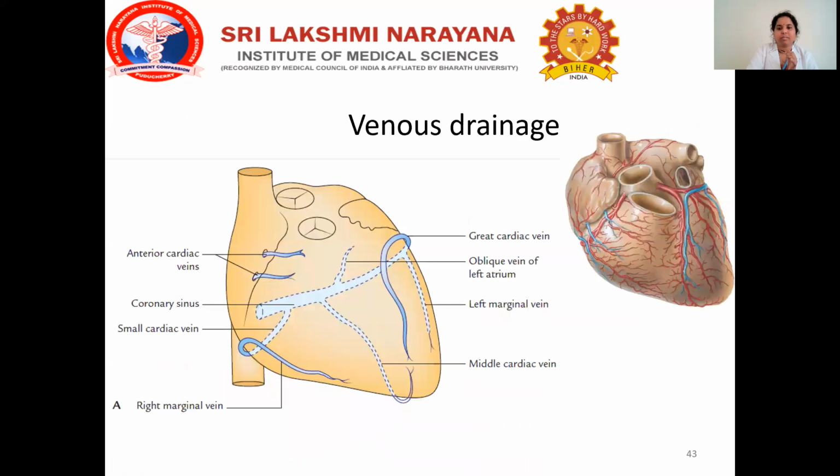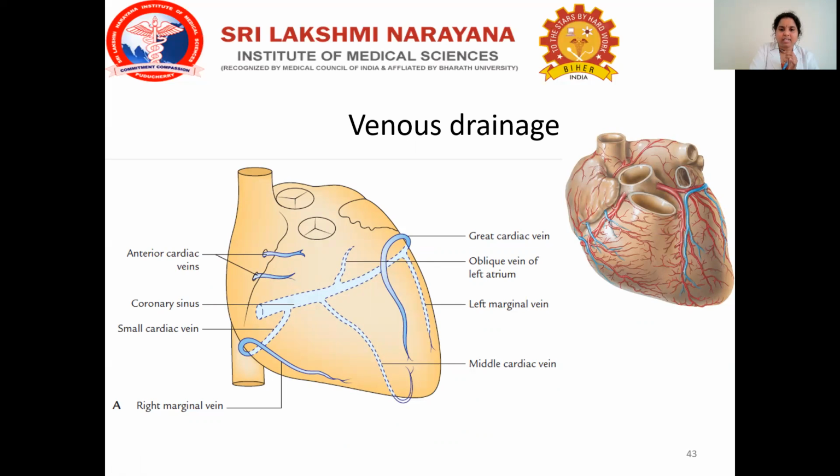To summarize venous drainage of the heart: in the anterior interventricular groove is the great cardiac vein. The great cardiac vein runs along with the left anterior descending or anterior interventricular artery. It reaches the left heart border and ends there.